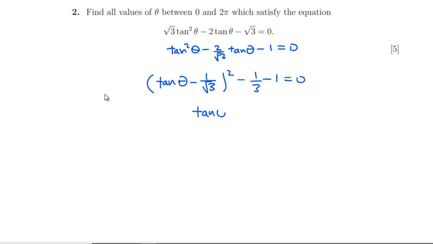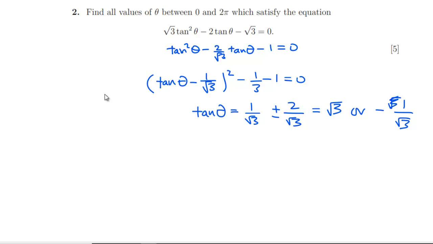So tan theta is going to be equal to 2 over root 3, plus or minus, and then we've got to add a root 3 on all of that. So that is going to be 3 over root 3 or minus, well, let's put the root 3's on top because that also helps. We got 3 over root 3, which is root 3, or we've got minus 1 over root 3. Actually 1 over root 3 is talking the language of tan. So let's leave it like that then.